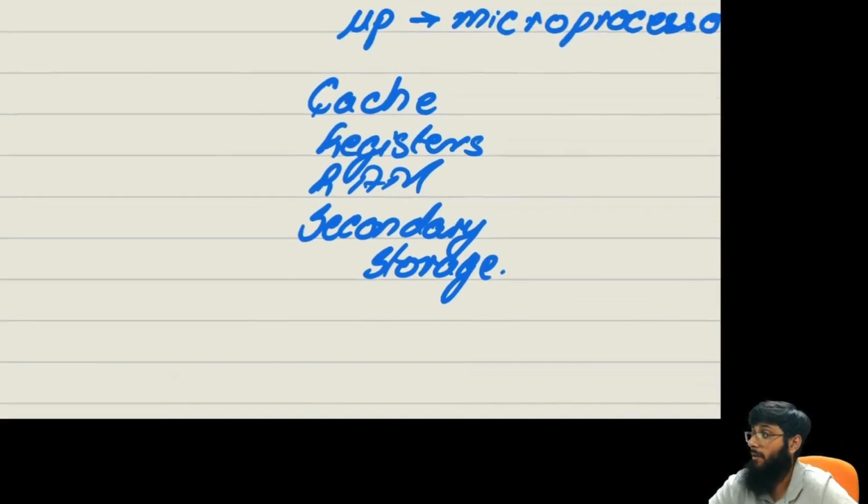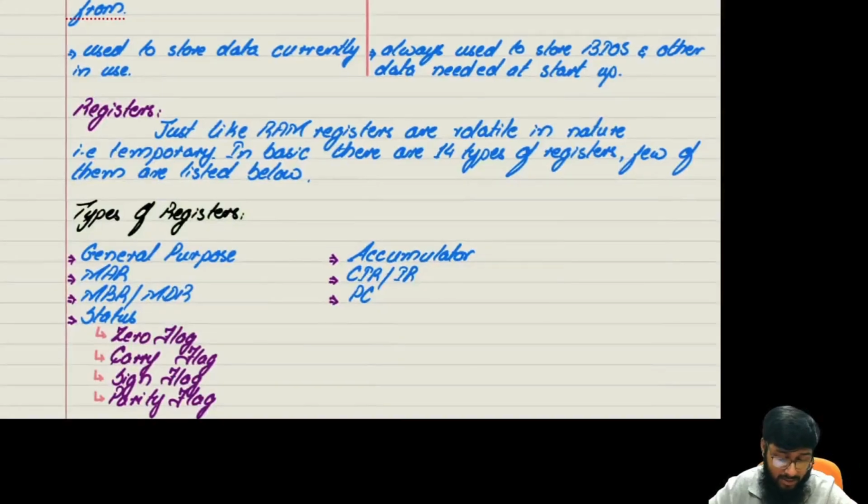So we do have it in this format. The cache is first, that's nearest, then we do have registers. Now we will be discussing the registers.